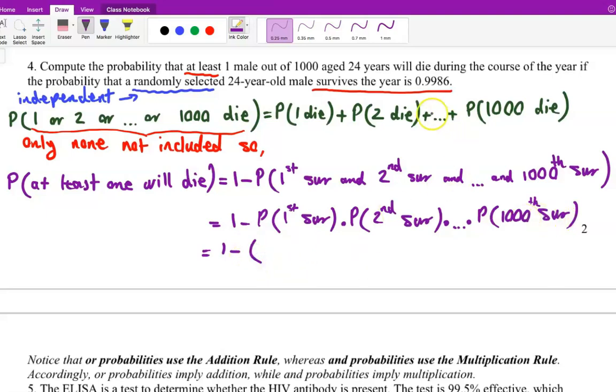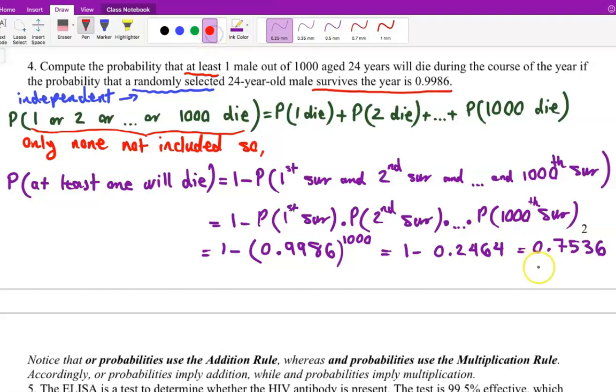The probability of survival is that number we have, 0.9986, and how many times we should multiply this is 1000. That's why I'm using the power on top, and that is equal to 1 minus 0.2464, and the answer is 0.7536. So this is the probability of at least one will die.